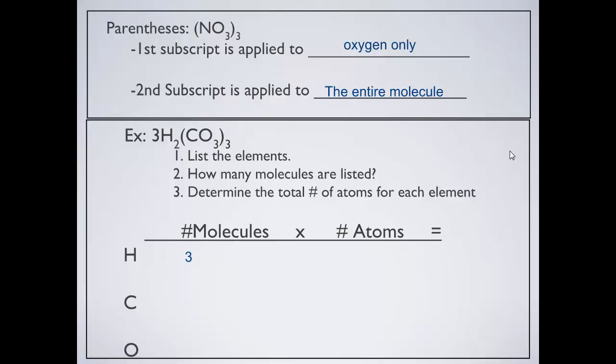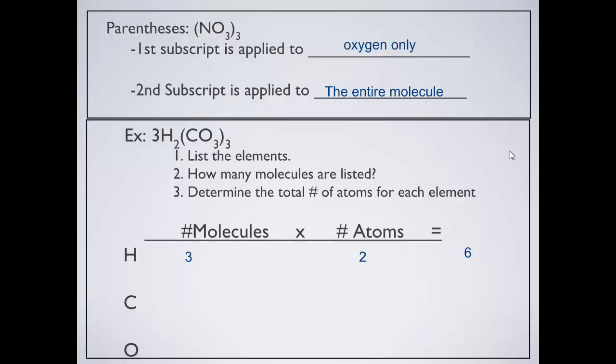Bless you. Okay, so how many atoms of hydrogen are there? Joey? 2. 2 is our subscript. So how much hydrogen total? Francesca? 6. Yeah, there's 6 total atoms of hydrogen in this entire compound.